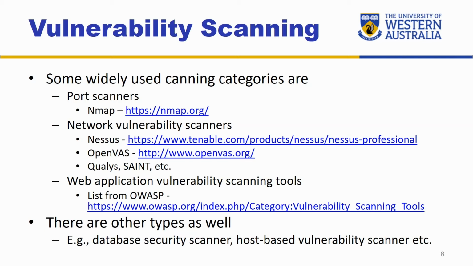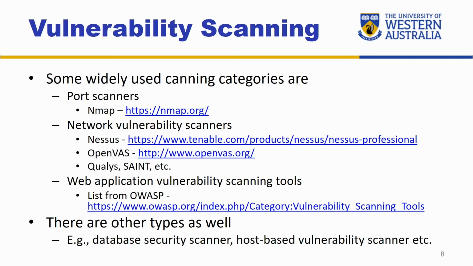They have a vulnerability database, which they match to the scanned information and notify the user of such vulnerabilities. Of course, there are some other tools like Qualys or Saint, but Nessus and OpenVAS are used quite widely. Nessus has become a commercial tool, but OpenVAS, I believe, is still under a freeware license.